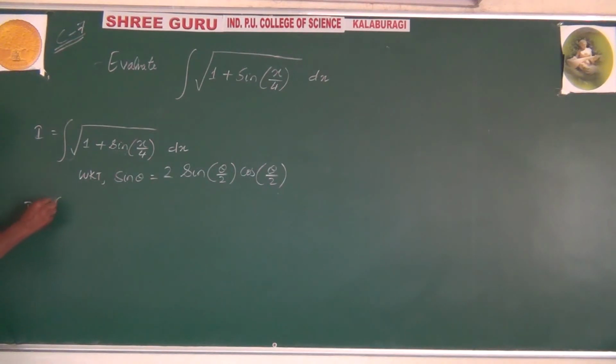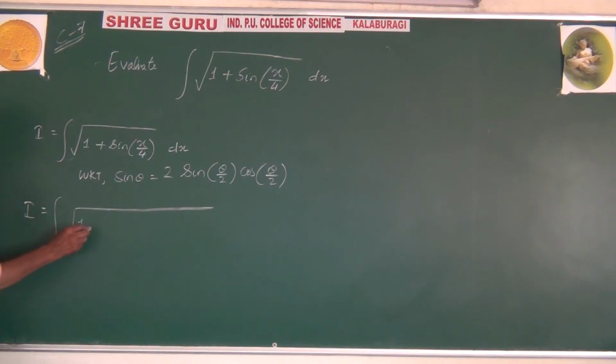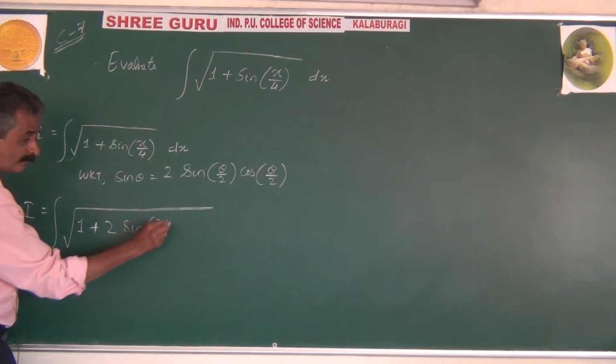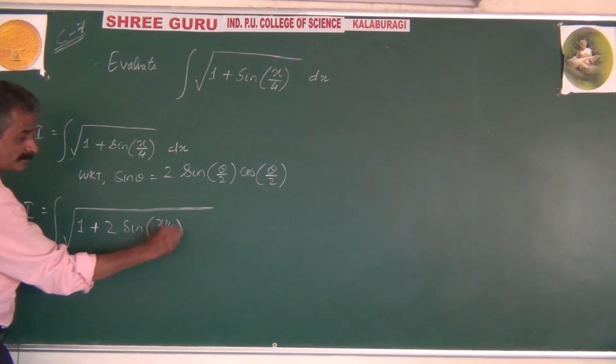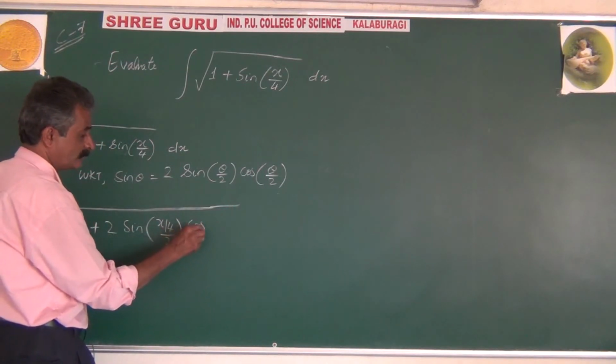Now I becomes integration square root of 1 plus, it is just like sin theta, 2 sin theta by 2 into cos theta by 2. Means 2 sin of x by 4 by 2 into cos of x by 4 by 2.